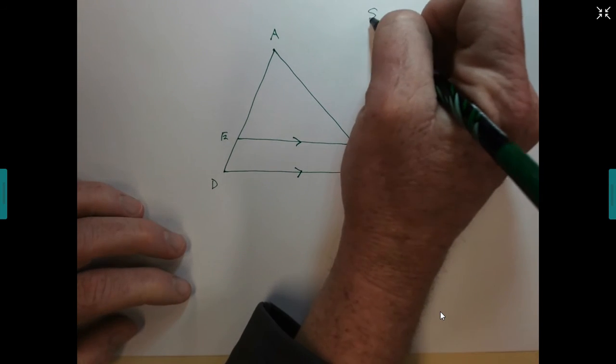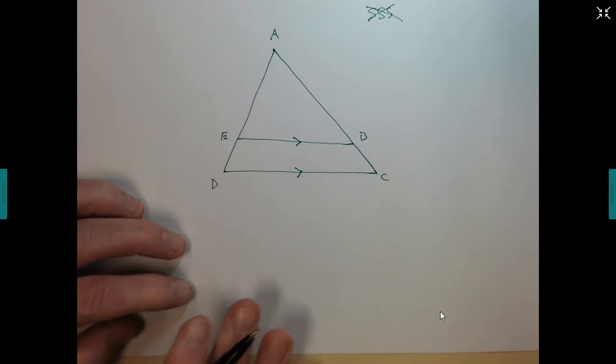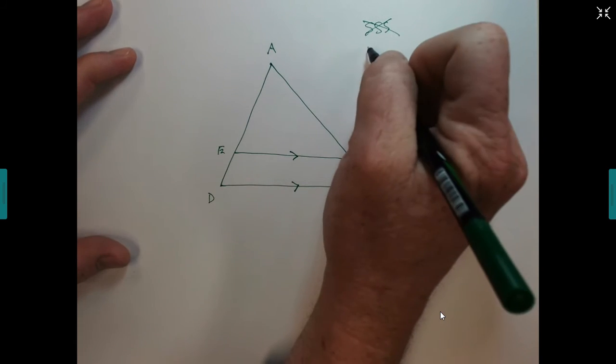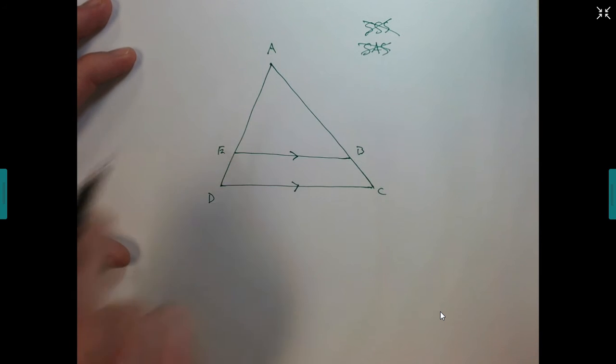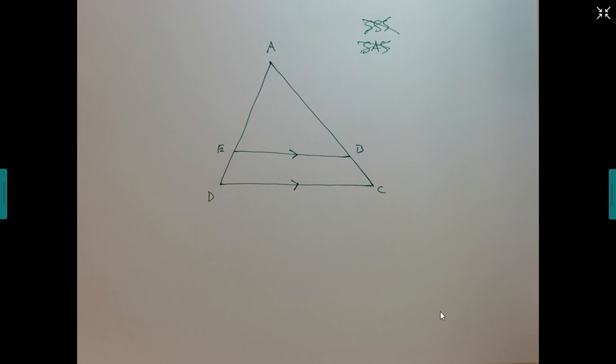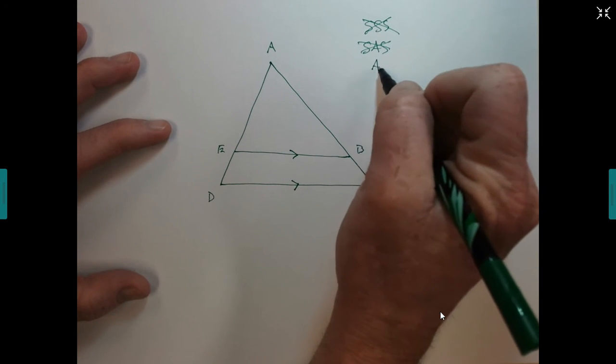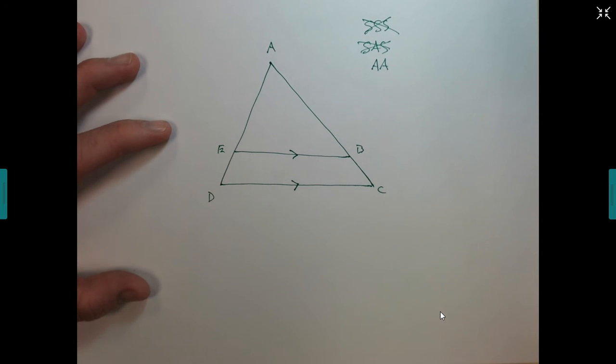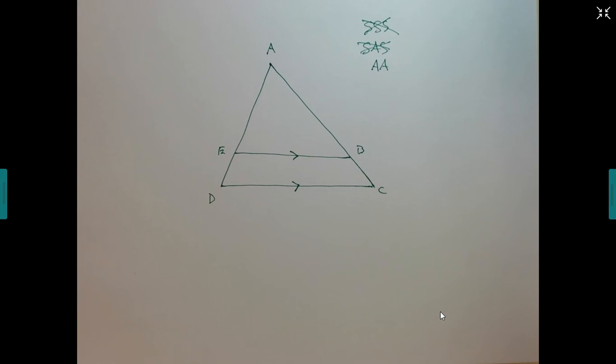So you certainly should not be thinking about side, side, side as an option. You should not be thinking about side angle side. The only possibility here, and it doesn't mean that it's going to work, but that's my only possible option since I don't know any of the sides or have a way of investigating proportionality. So let's make sure we're aware of all of the possible congruent angles here.